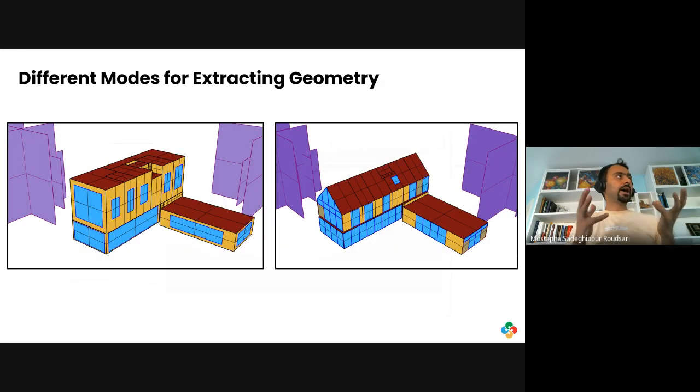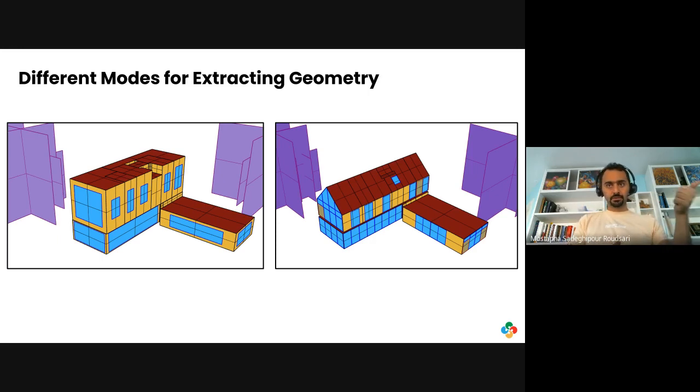We also allow you to have different modes for extracting the model. This is what we call full volume. To get a full volume model correct, you have to make sure the volumes of the rooms in Revit are correct, and sometimes that's a lot of work. What you can do instead is use the extruded mode, which quickly extrudes the room boundary or area boundary, and then cleans up all the apertures for you.